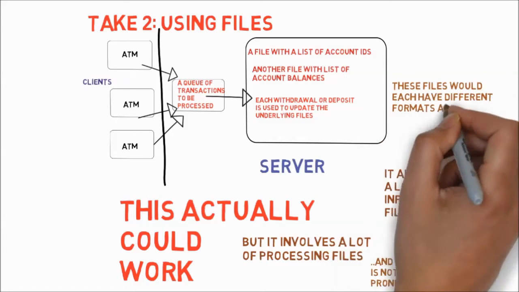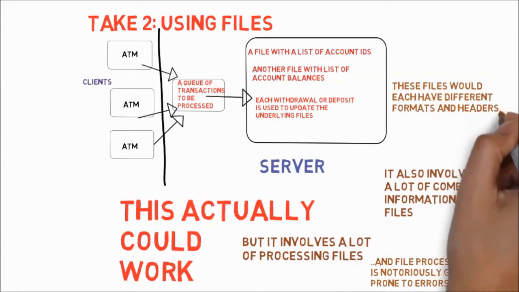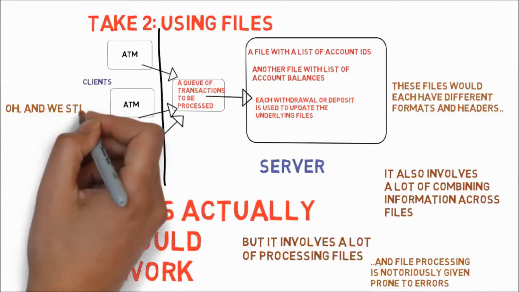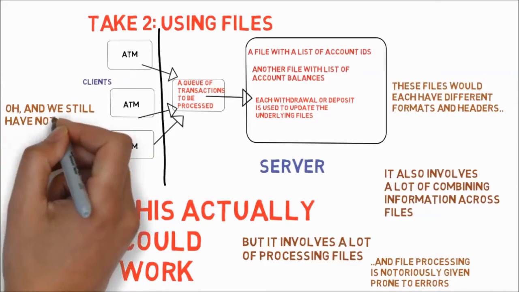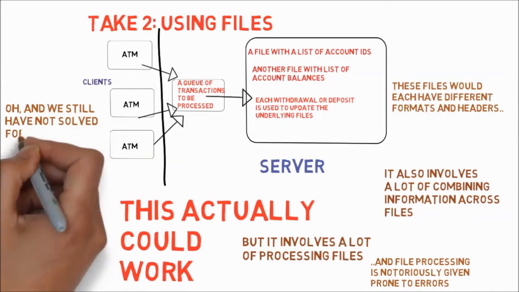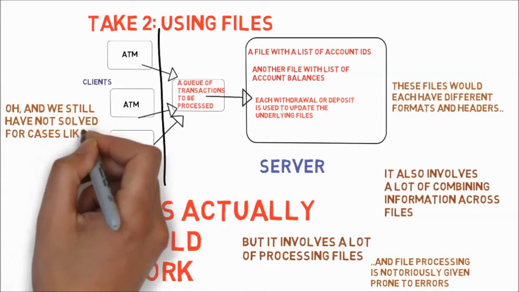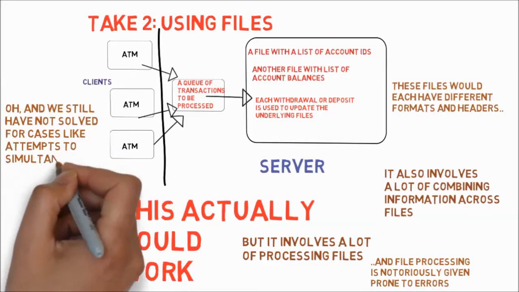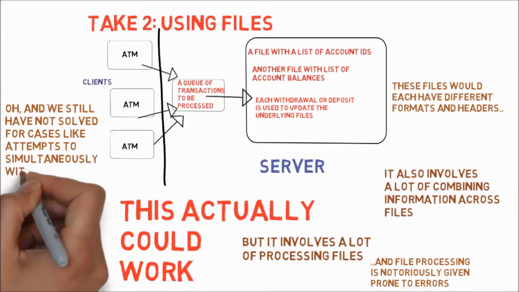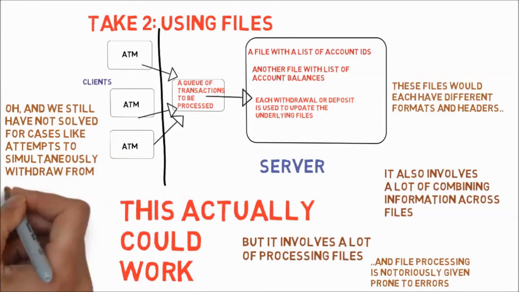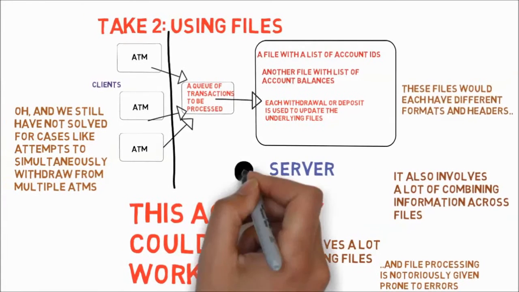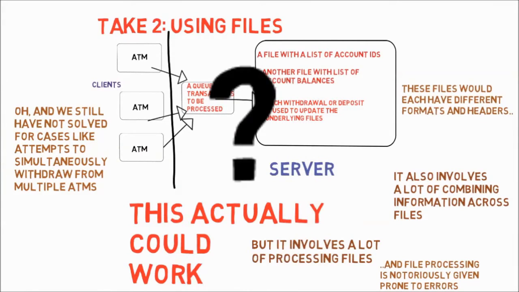This is because there is no way to enforce that the formats and headers of all these files should be exactly the same. If humans are touching the files and the programs are writing to them and they might fail or write partially, you never know what might happen. Oh, and we also have not solved for cases like attempts to simultaneously withdraw from multiple ATMs, because these ATMs are all adding their transactions to a queue.